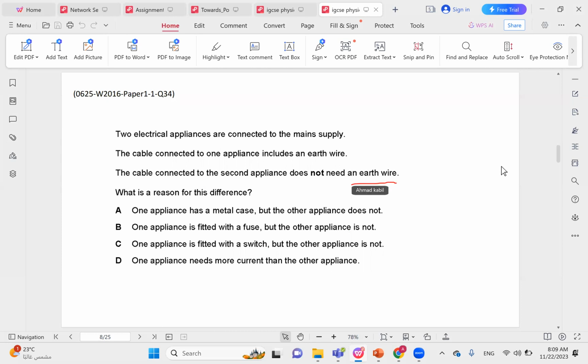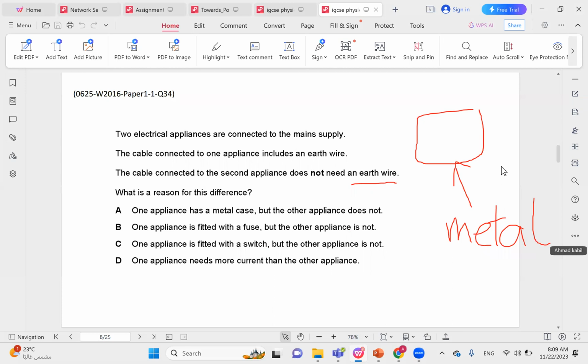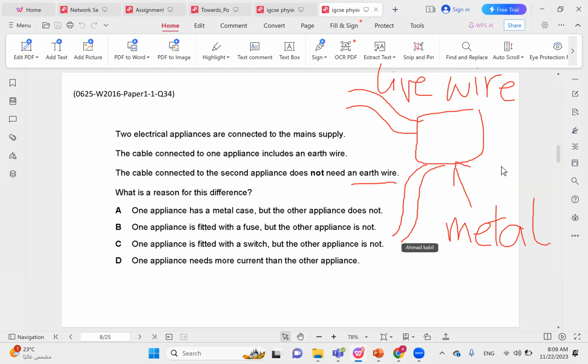If I have a toaster oven, for example, made of a metal or with a metallic casing, we say, if it has a metal case and the live wire accidentally touches the metal case, we can suffer from electrocution. We would get electrified if we touch the metal case. So we need to connect an earth wire that would carry the excess charges to the earth, to the ground, so that if we touch the metal case, we would not get electrocuted.